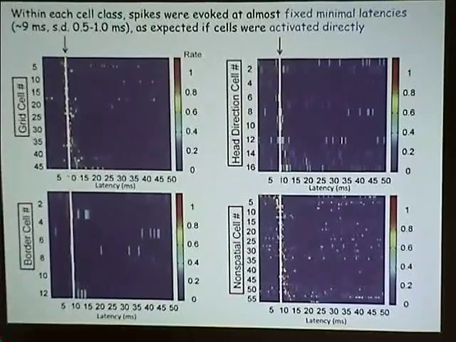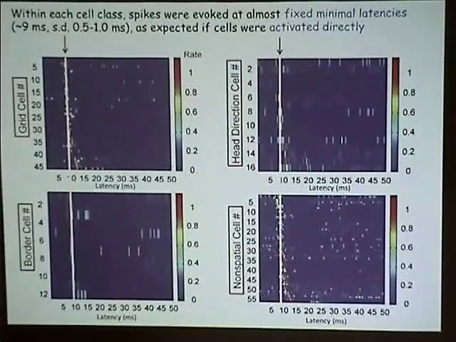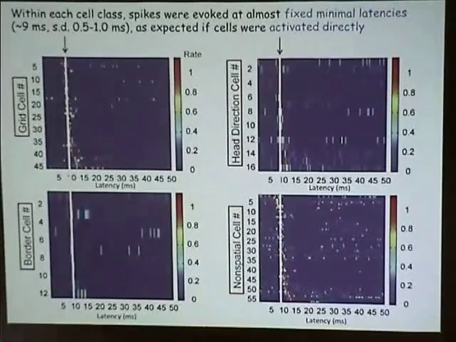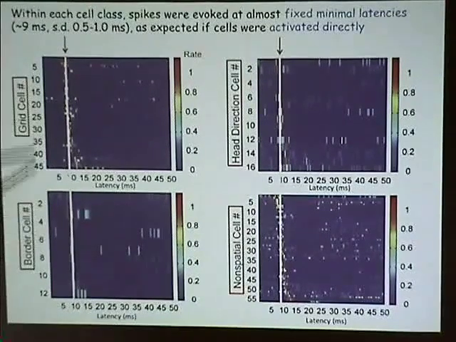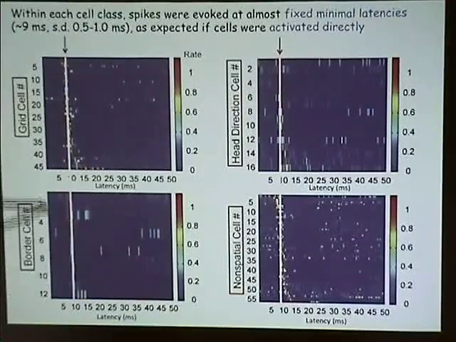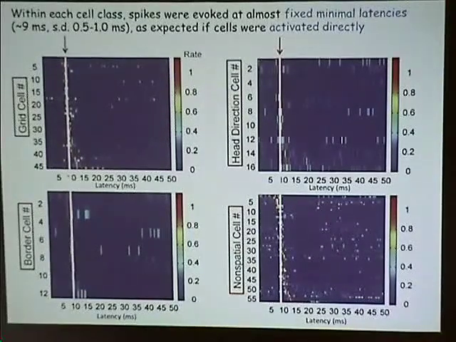But major then refers to the number of cells, so it's quite likely that there are a larger number of grid cells. But if you count the proportions, the border cells are as important. Out of the inputs from the entorhinal cortex, the major ones are grid cells. Other inputs which are not from the entorhinal cortex, you cannot say what is the relative importance.